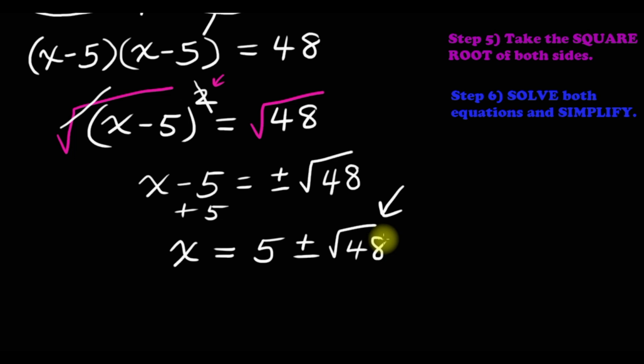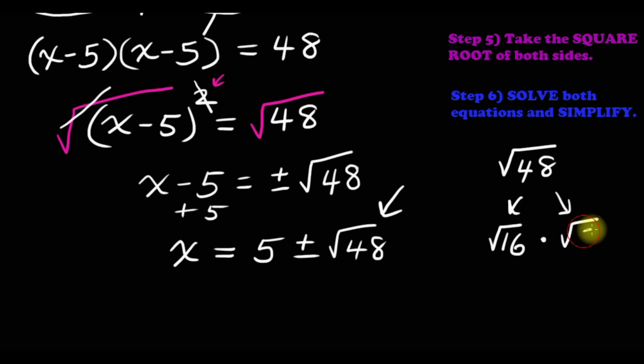We're going to break it down to simplest form. To simplify, you have to break this up into where one is a perfect square. So how about we pick square root of 16 times square root of 3, because 16 times 3 is 48.